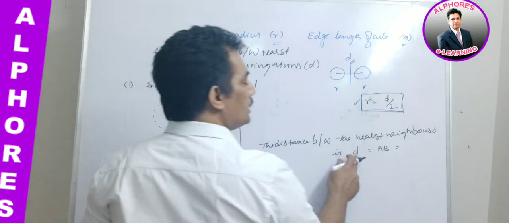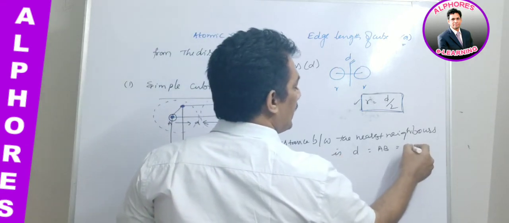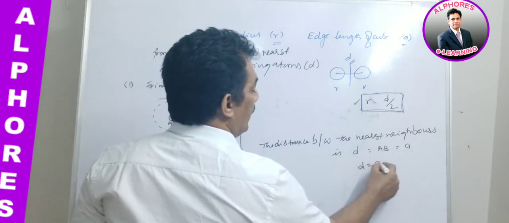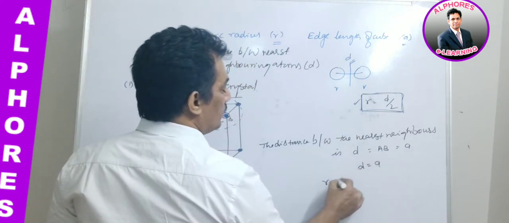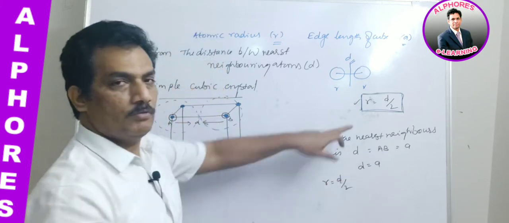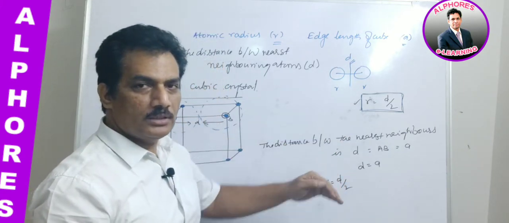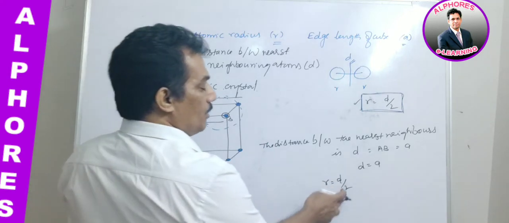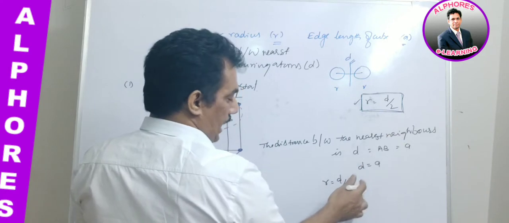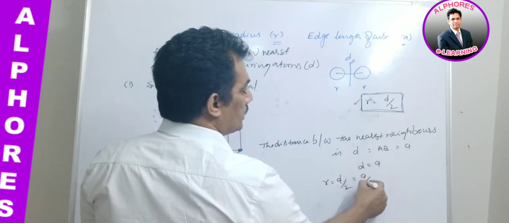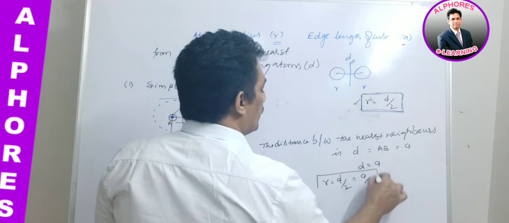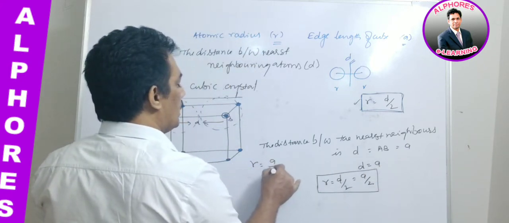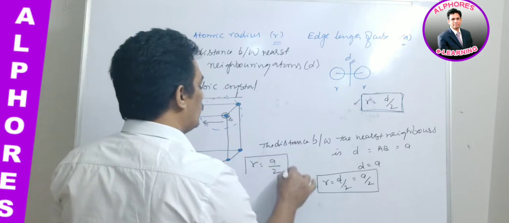So this distance AB is equal to edge length A. Clear? So when D is equal to A, now we know R is equal to D by 2. Half of the internuclear distance of the nearest neighbors is atomic radius. So when D is equal to A, we can consider R is equal to A by 2. That is, for simple cube, atomic radius is nothing but edge length by 2.